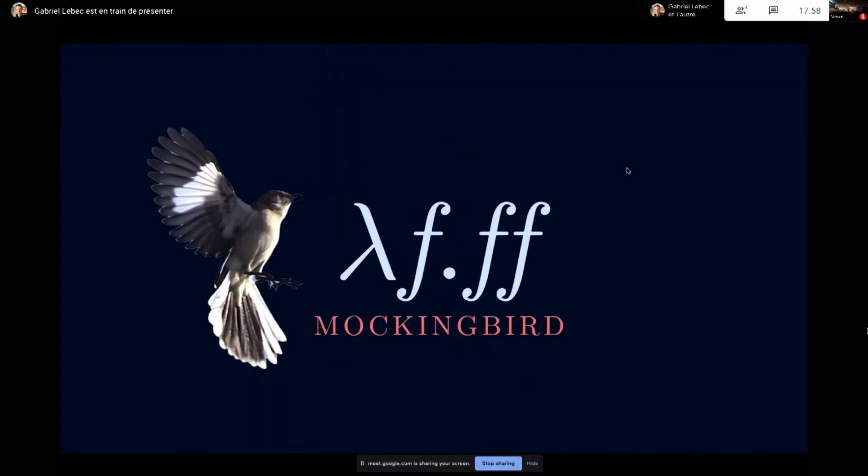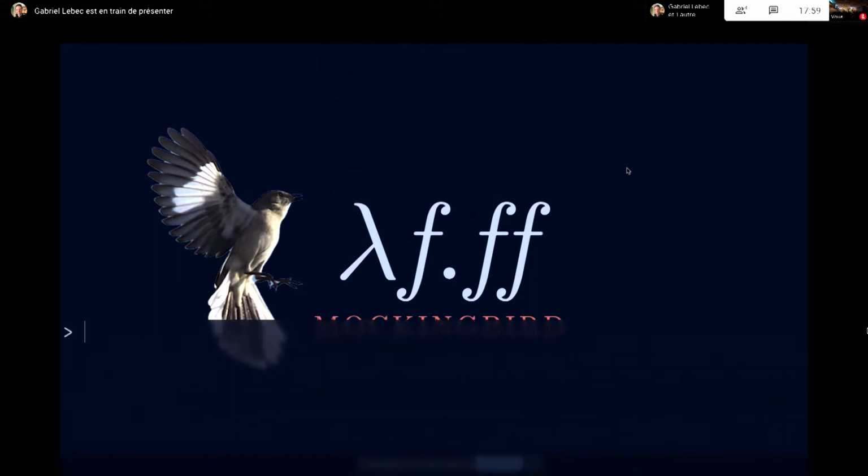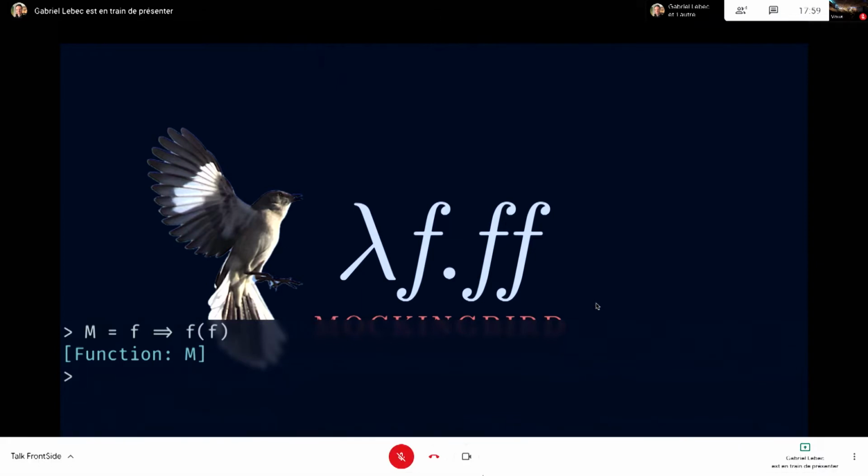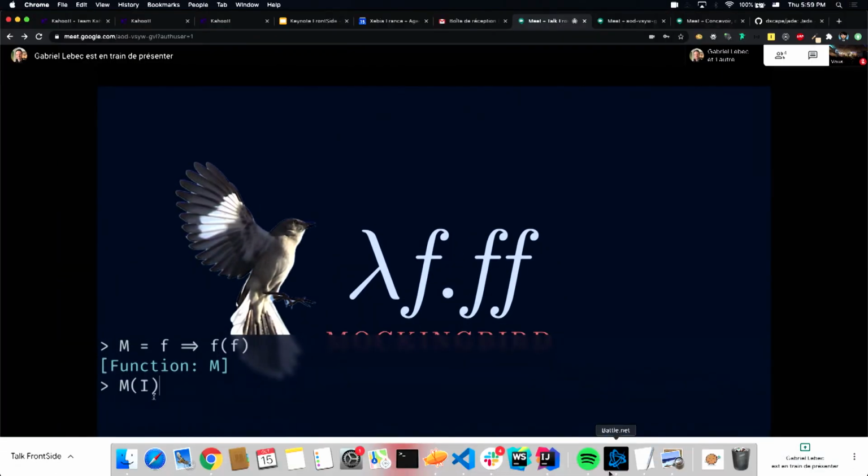Okay, so let's see that in action again with a new function called the Mockingbird. Mockingbird takes in an f, some parameter, and it returns the result of calling f on itself. So there it is in JavaScript. That's the M function or Mockingbird. And we can try this. We could say, well, what happens if we call a Mockingbird on the identity function?